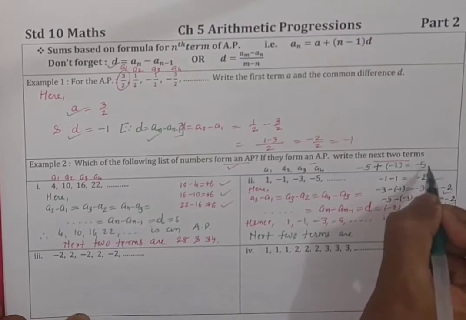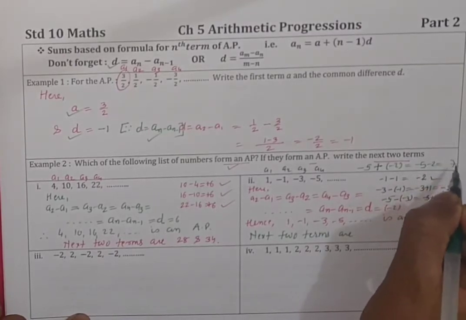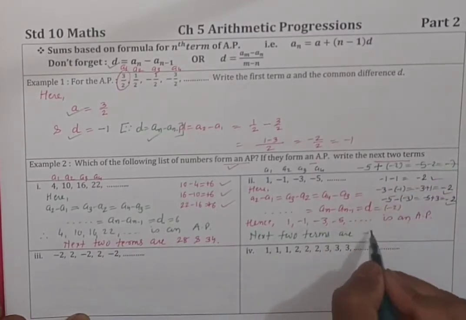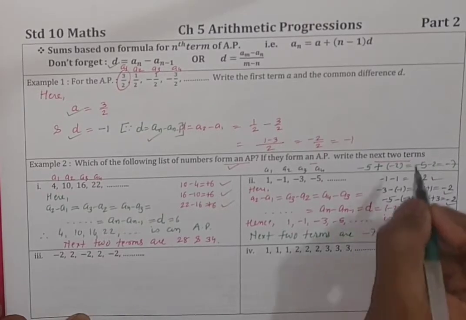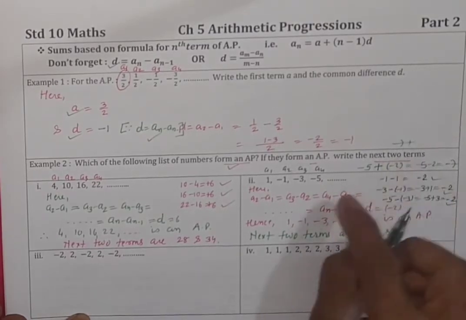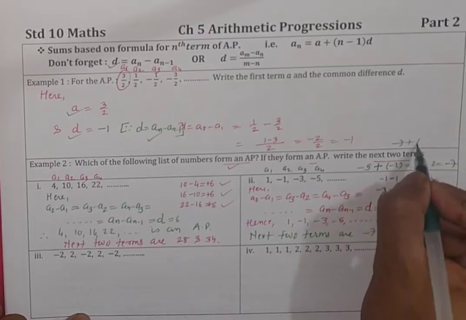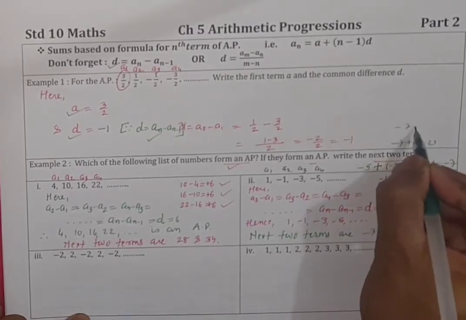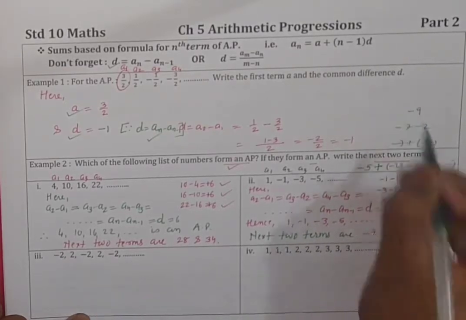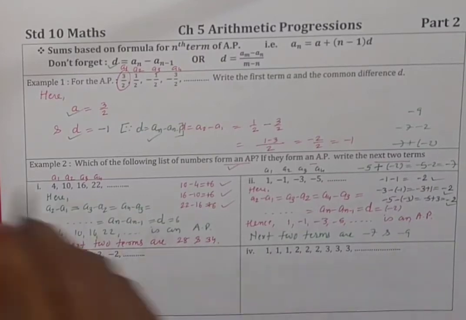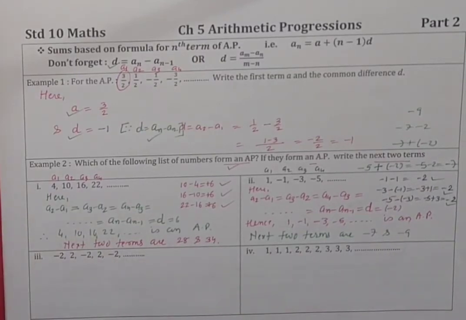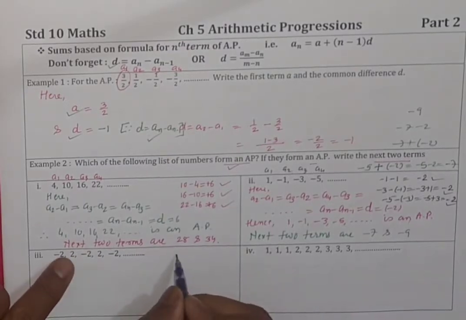So that will be minus 5 minus 2. Same sign, total 7 with greater minus. So minus 7. And to that minus 7 add once again the common difference minus 2. So that is minus 7 minus 2. Same sign, 9 and minus 9. So that is minus 9. So those are the next two terms. Clear, children? Okay.